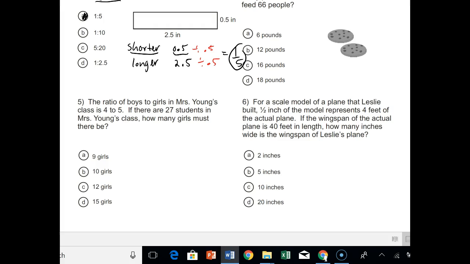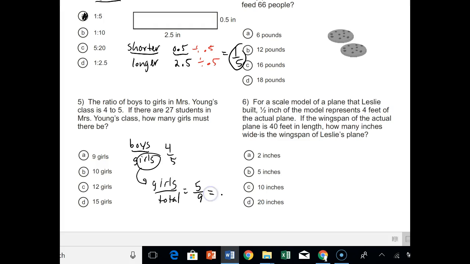Number 5, the ratio of boys to girls in Miss Young's class is 4 to 5. So we have boys to girls, 4 to 5. If there are 27 students in Miss Young's class, how many must be girls? So really, what we have to do is take this boys to girls ratio and make it a girls to total ratio. So girls to total is really 5 girls for every how many students? 4 plus 5 is 9.